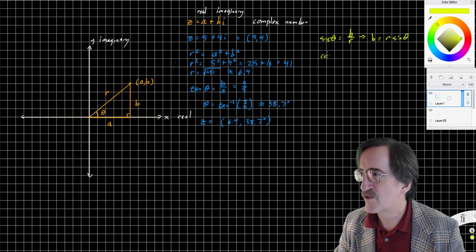And cosine theta is a over r, so a is r cosine theta.